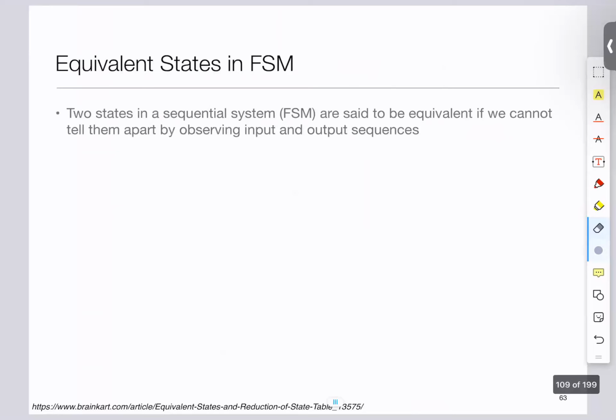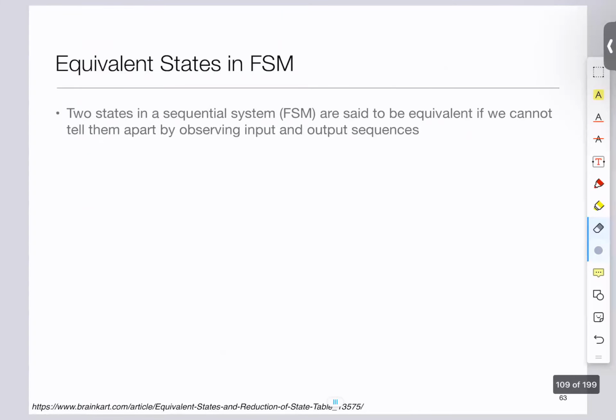The idea is that even before I attempt to synthesize my design, I first have to see, it's like asking, am I using an efficient algorithm or am I doing unnecessary stuff? So equivalent states in a finite state machine is the concept that in the state diagram, some of the states may not be necessary, and can I get rid of those?